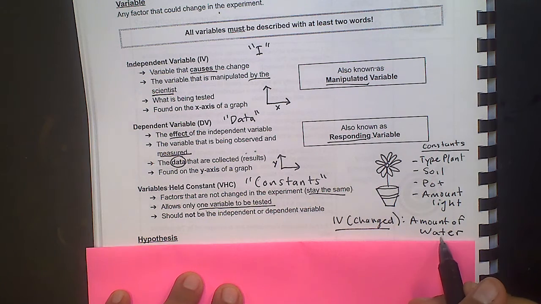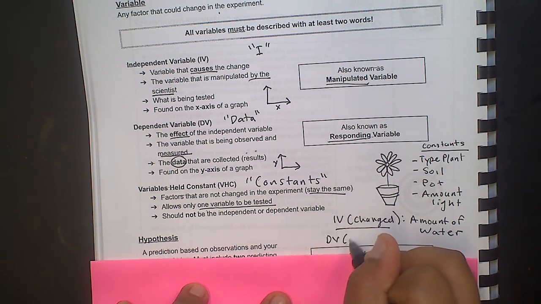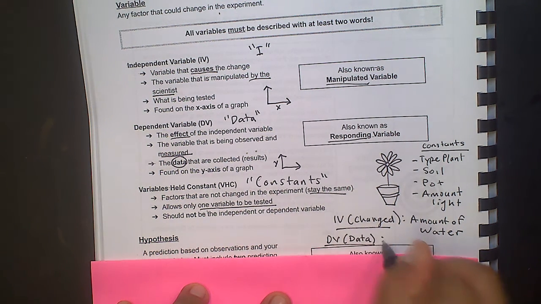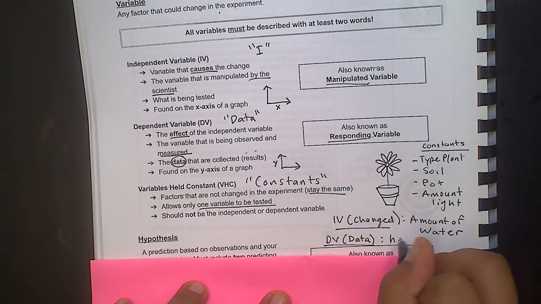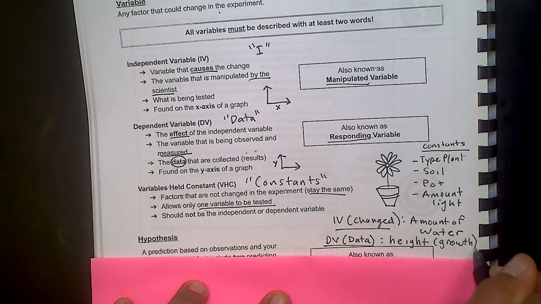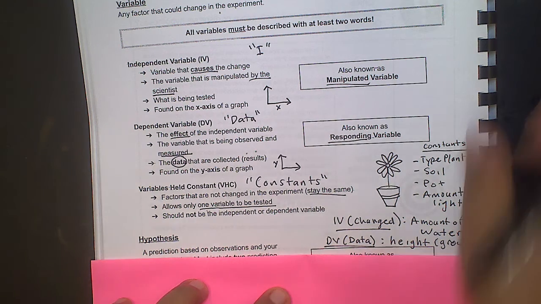And the thing that is changed is the amount of water. And then the DV, the data that I would collect, is the height. So it's growth. How tall did that plant get based off of changing its water?